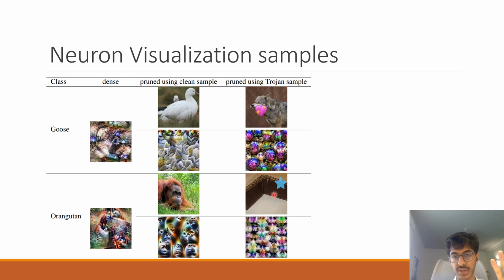If you first prune the network using this image and then apply neural visualization, in the resulting neural visualization you can clearly see some star-like patterns. And if you prune using a normal image, you will still get helpful neural visualizations, which in this case, for example, suggest that the fur or neck or head of the goose is important in detecting the goose in this image.